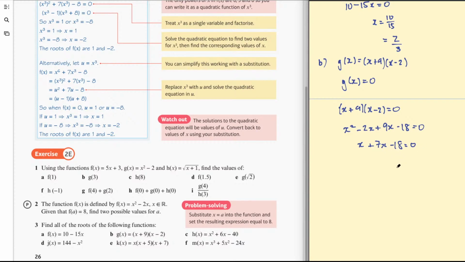Are there factors of 18 that make 7? I can think of 9 and 2. Oops, that's meant to be an x squared. So then we need a positive 7, so we can say (x plus 9)(x minus 2) equals 0. So then x equals negative 9 or x equals positive 2.